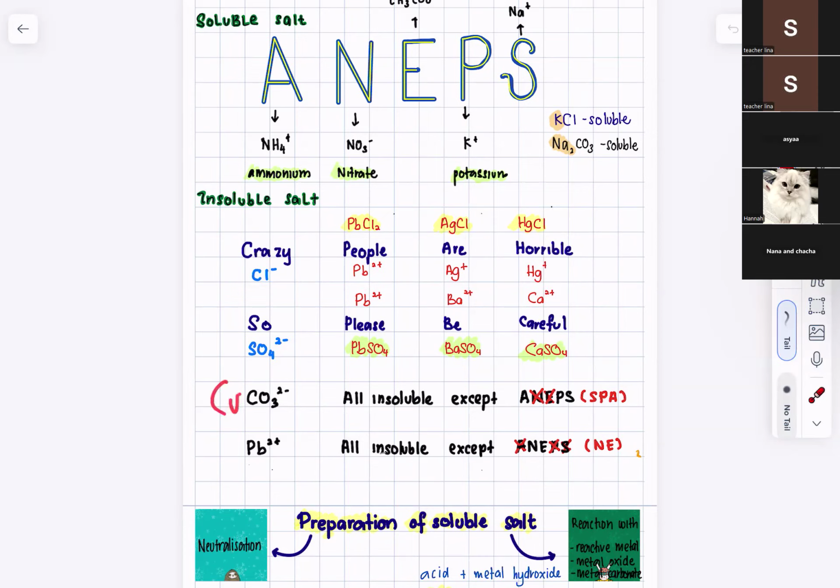For carbonates, it's all insoluble, all except for SPA. Only SPA is soluble, which is sodium carbonate, potassium carbonate, ammonium carbonate. Other than sodium, potassium, ammonium, that one is insoluble. Okay, again, Nana.